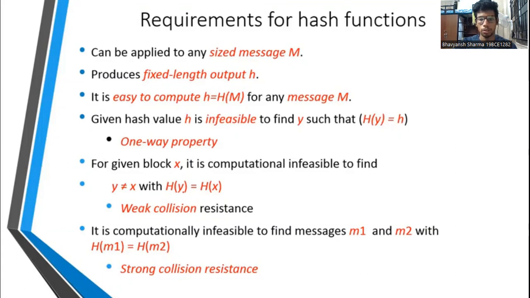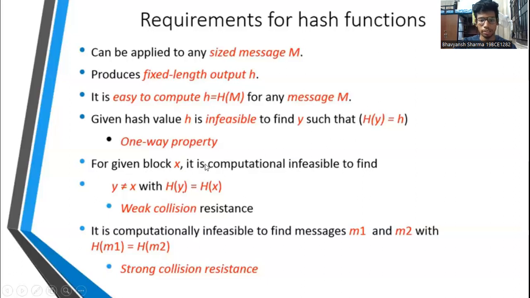Now, the hash that I get from inserting my message into this hash function should be computationally infeasible for me to decode back, or to guess by hit and trial, so that after putting it into this hash function, I get the same output. This is the one way property. That is, I can hash my message, but I cannot get my message back from the hash value.